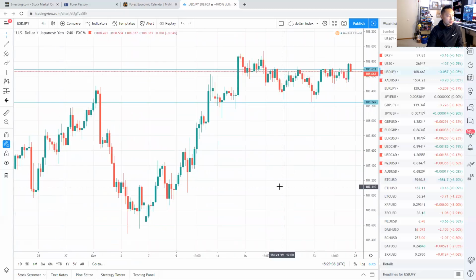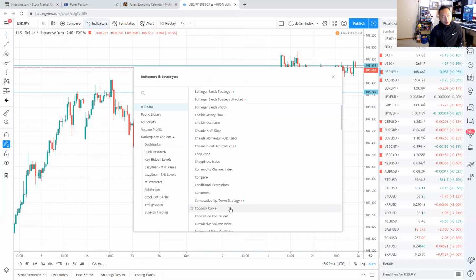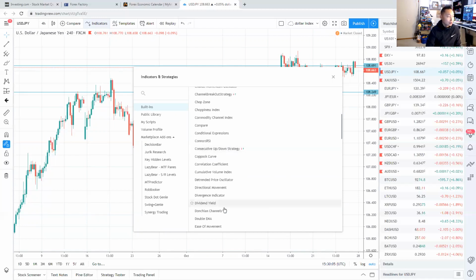Now I know the market just closed, but I'm going to show you guys the difference between using price action and using MACD, RSI, or Stochastic, the bottom window that shows you what's being overbought and what's oversold, and how effective price action is against the indicators.